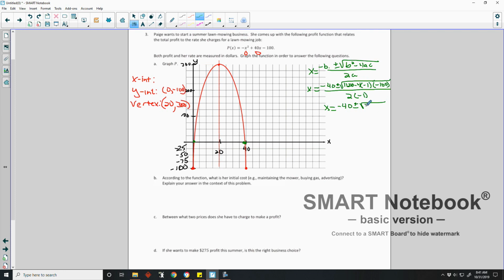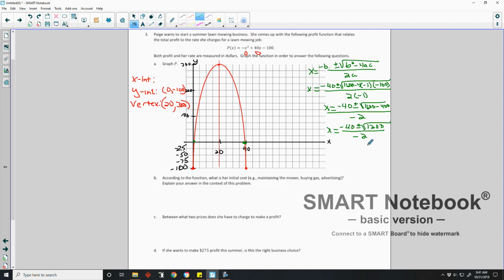So it's 1,600 minus 1 times 4 times 1 is 400, all over negative 2. So my x is going to equal negative 40 plus or minus the square root of 1,600 minus 400 is 1,200, all over negative 2.